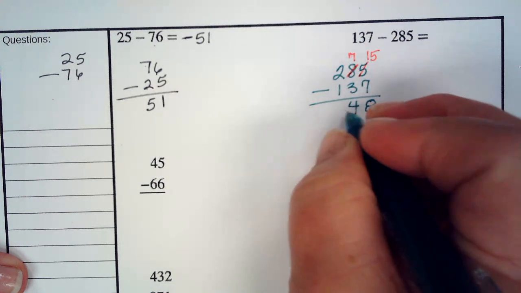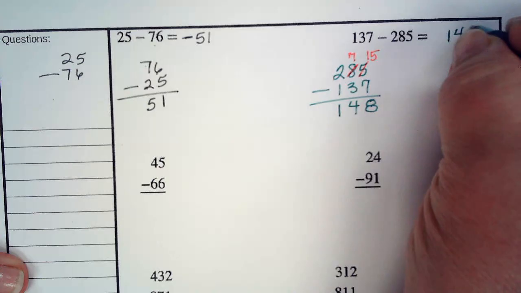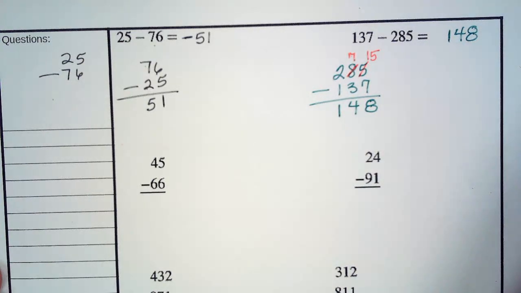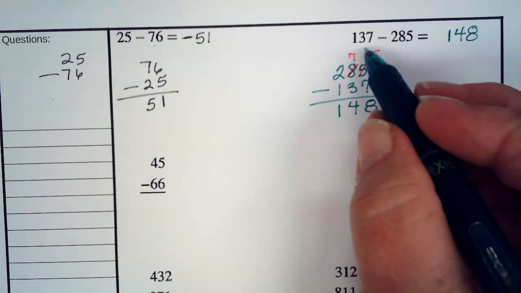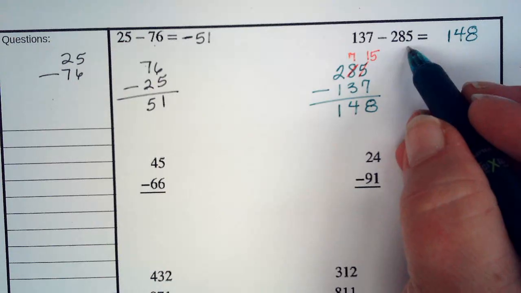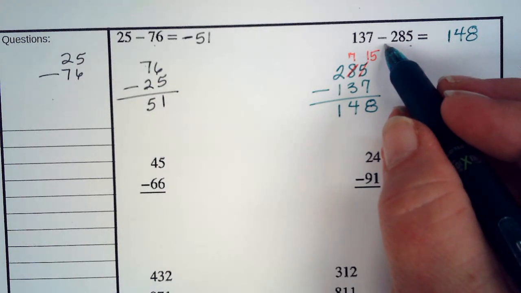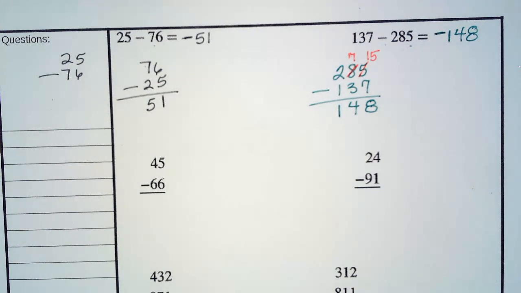And 2 minus 1 is 1. Now, which is bigger, 285 or 137? 285 es más grande. It's negative, está negativo. So my answer will be negative.